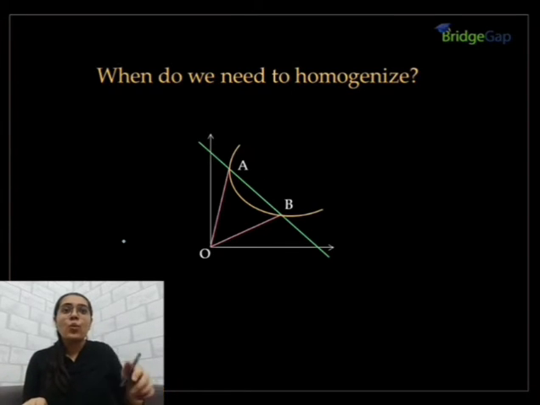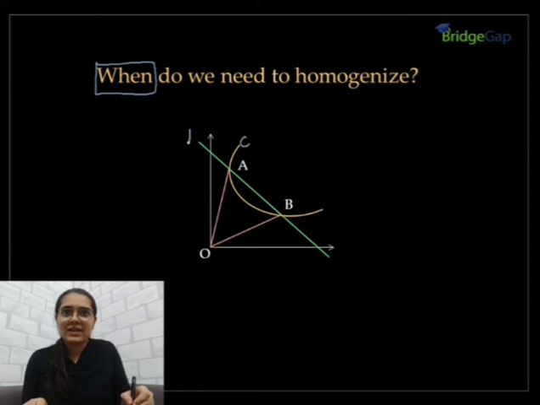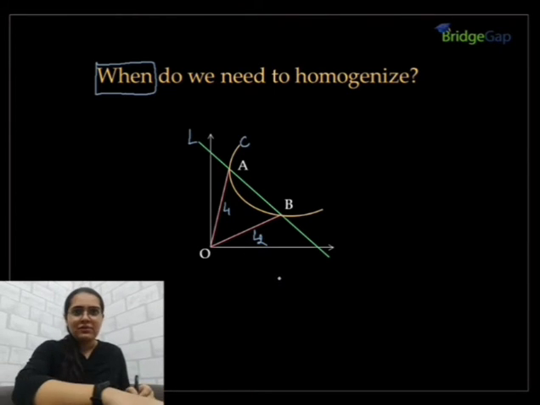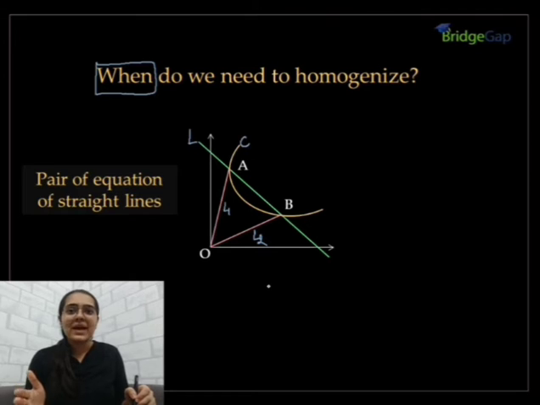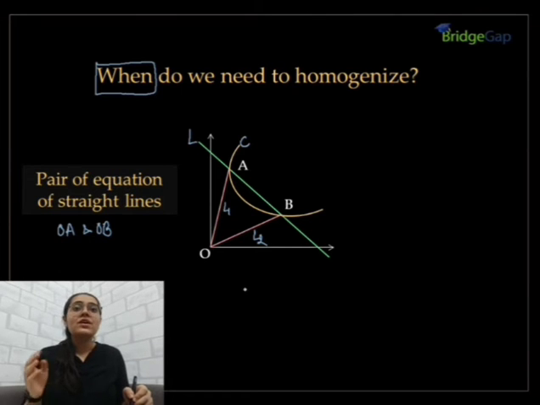Now the question is, when do we need to homogenize? You see, we have curve C, we have line L, and let's say I give them L1 and L2 names. Now, when I need to find pair of equation of straight lines OA and OB, then we use the concept of homogenization.